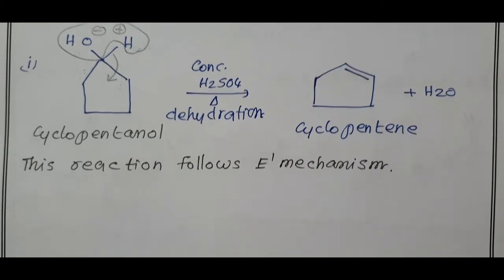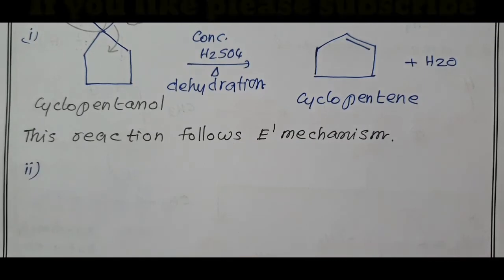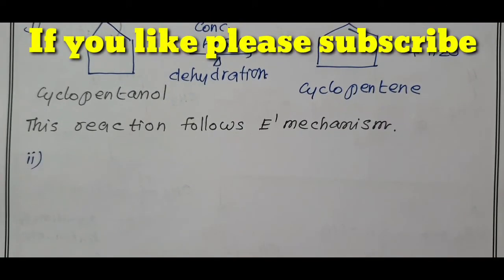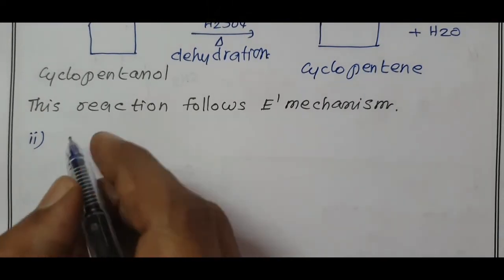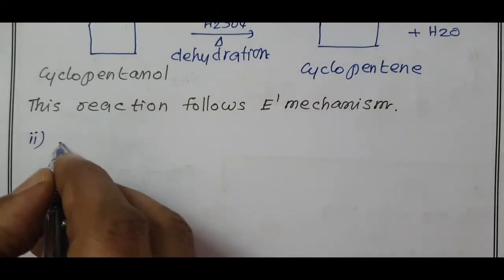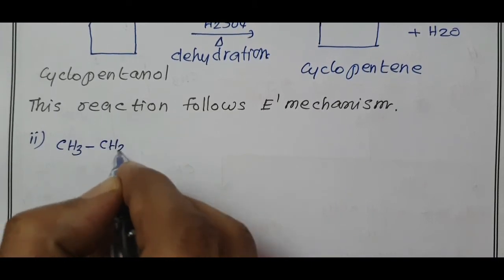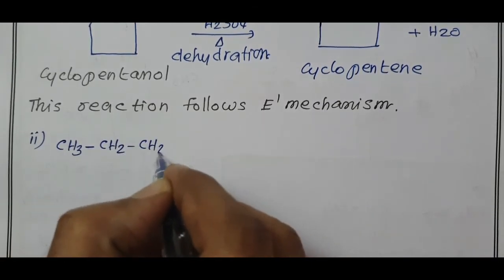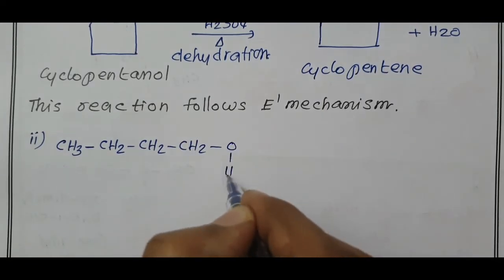Come to the second reaction given in our evaluate yourself. Butan-1-ol in presence of sulfuric acid. Butan-1-ol, 4 carbon, CH3, CH2, CH2, CH2OH.